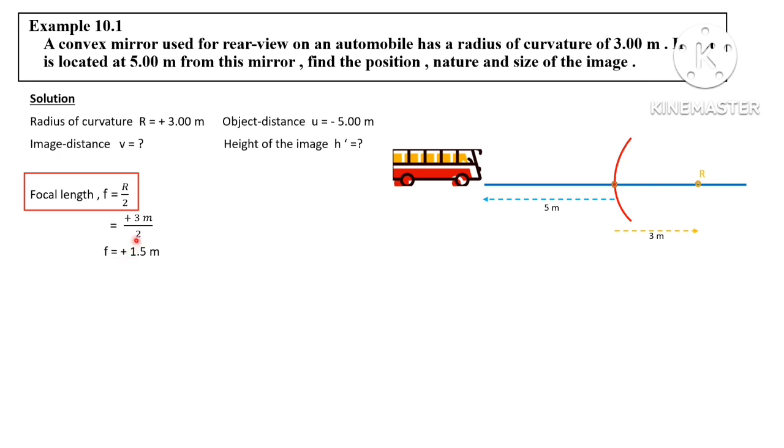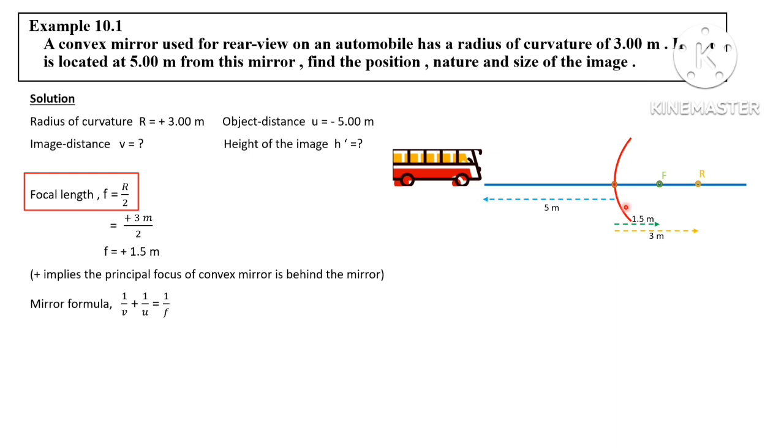Okay, so the positive sign here implies that the focus is right to the origin. Okay, the focus is right to the origin and the value shows that it is 1.5 meter away from origin. So we can draw it here. So this is our focus. It is 1.5 meter behind the mirror. Okay.